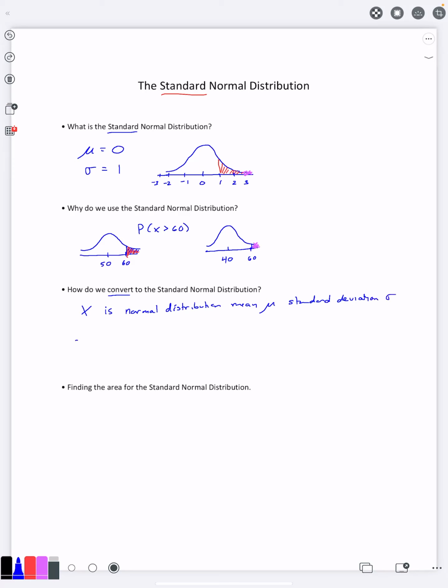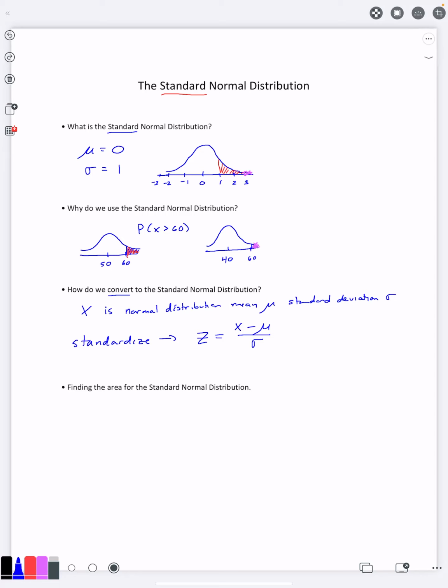Then if you want to standardize it, what you're going to do is calculate the following, the z value: x minus mu over sigma. Now this is actually not a new formula. We talked about z-scores in a much earlier video, and that's really all we're doing here, is finding the z-score. And once you do that, guess what? Now you have a standard normal distribution.